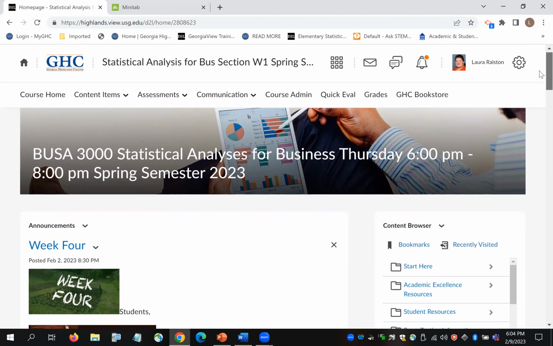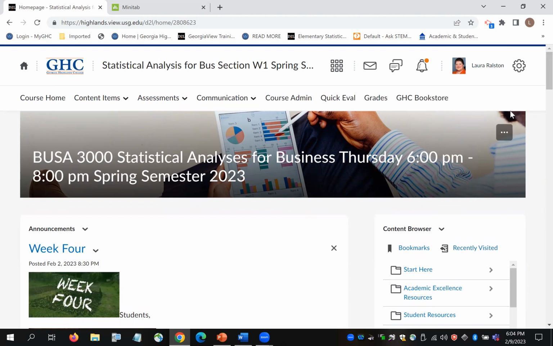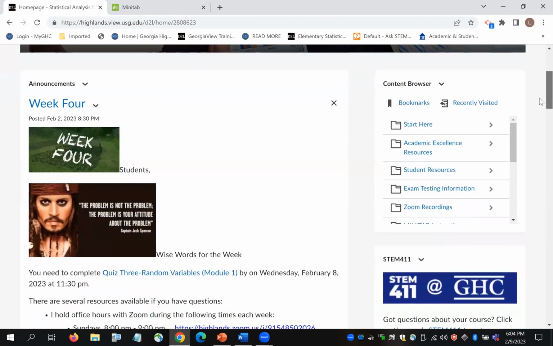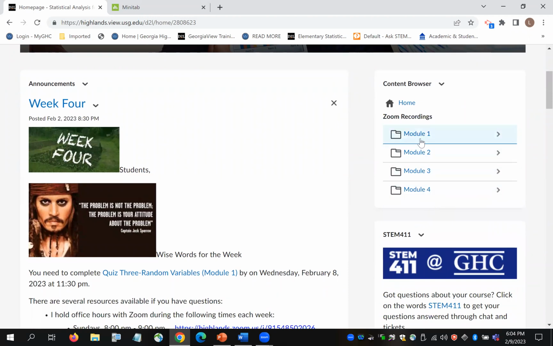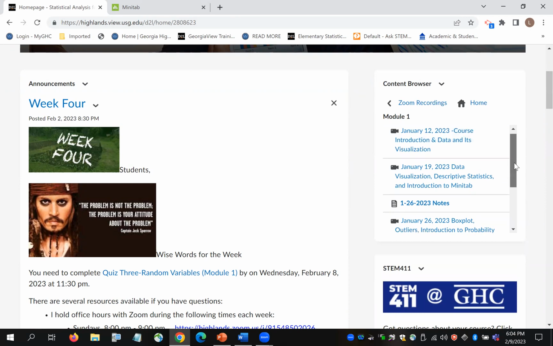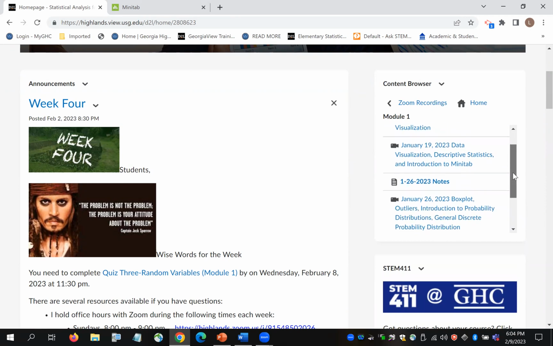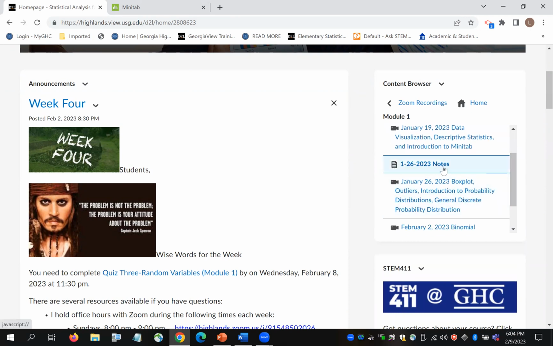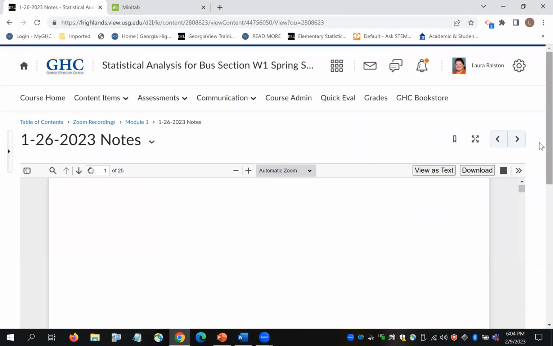If you go into the course, under the content, in the Zoom recordings folder, right now we're under Module 1, I have, for example, my handwritten notes that I do on the computer.